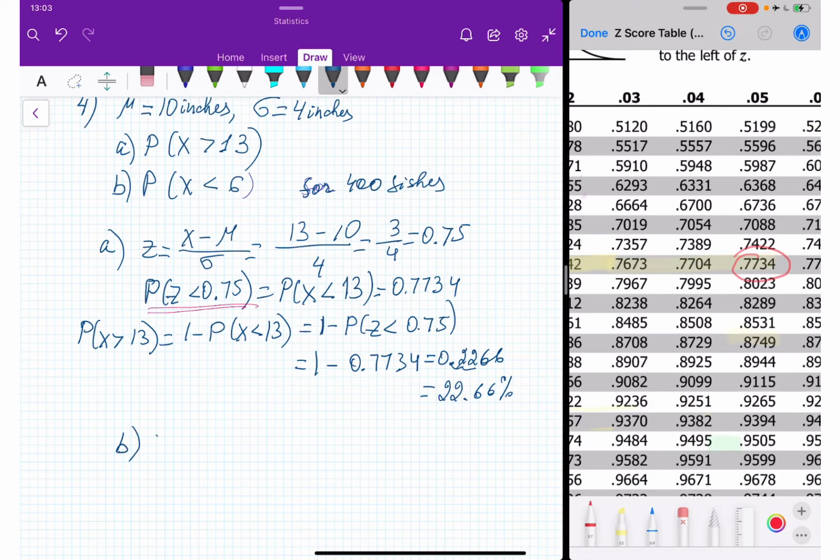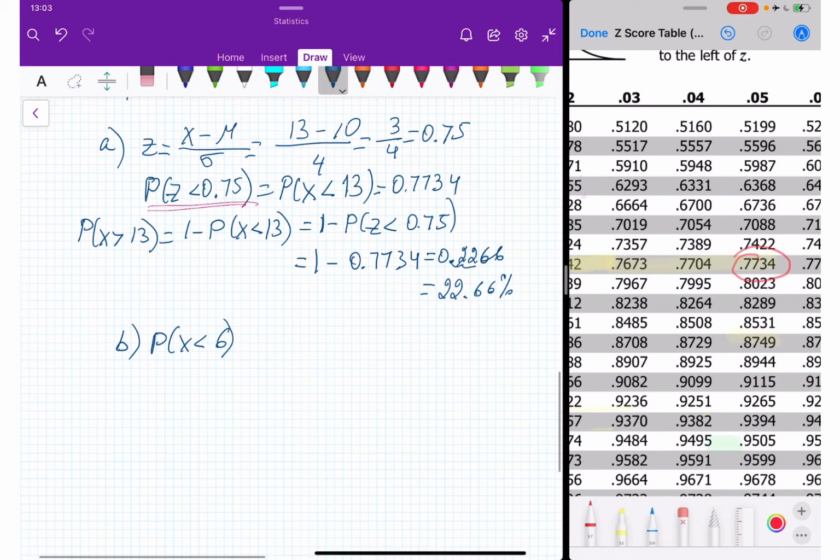B, we need to find probability for x less than 6. For 400, we have 400 fishes. So probability for x less than 6 is going to be equal to probability for z-score that is less than, let's find out how much.